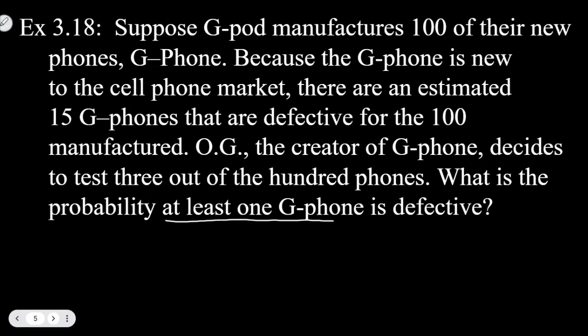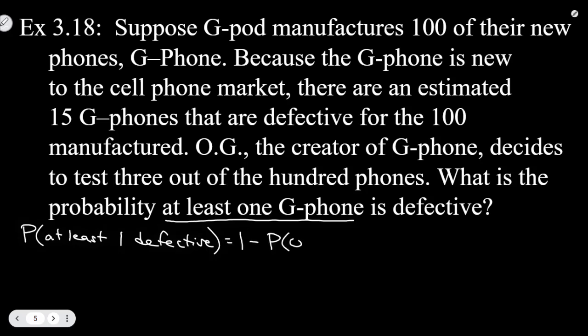So we learned this formula about at least one last week. The formula for at least one: the probability of at least one defective is going to be equal to 1 minus the probability that 0 are defective.